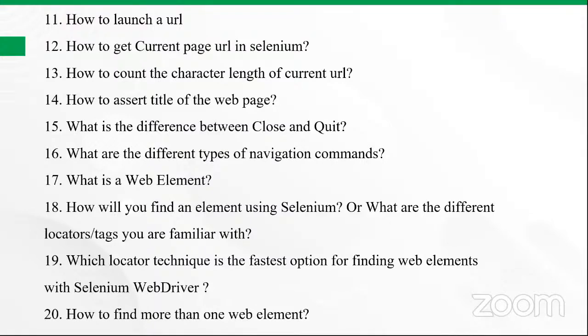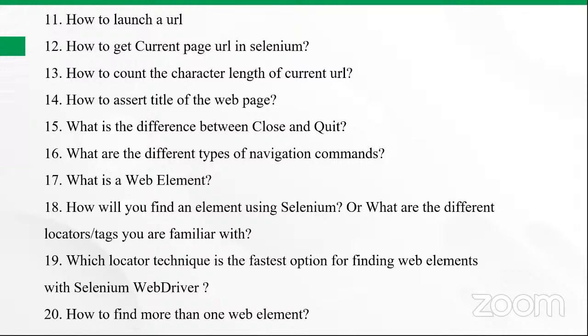What is the difference between get and navigate? Get and navigate. I told before, right? We have discussed. I think the 8th question that we discussed was the get and navigate command. I'll repeat once again. Actually, the function of both these commands is the same. It is launching the URL.